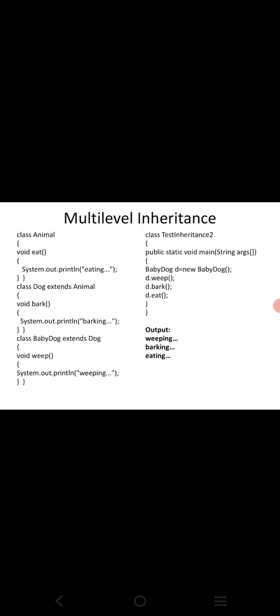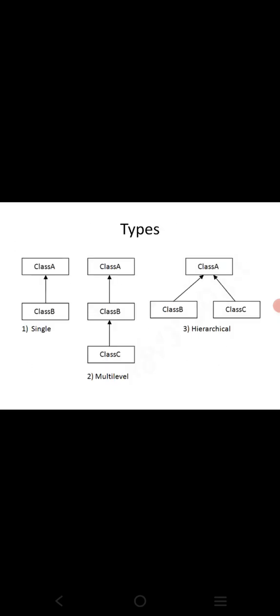Next is multi-level inheritance. As we have seen in this diagram, in multi-level inheritance we can derive a class from the base class, and from the derived class we can derive another class also. So multi-level inheritance represents a grandparent, a parent, and a child.